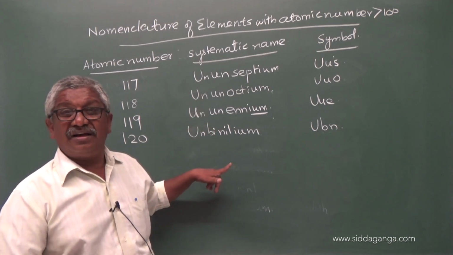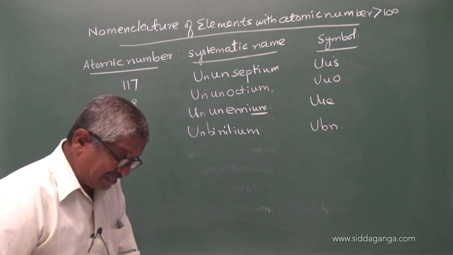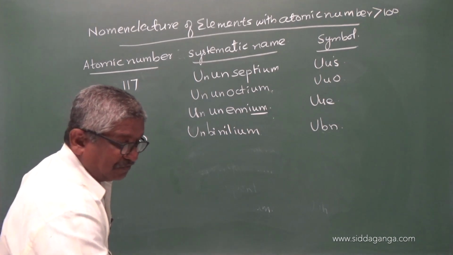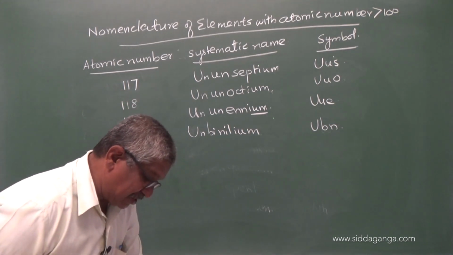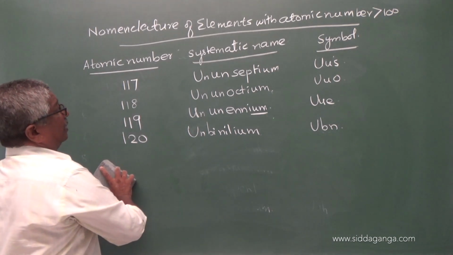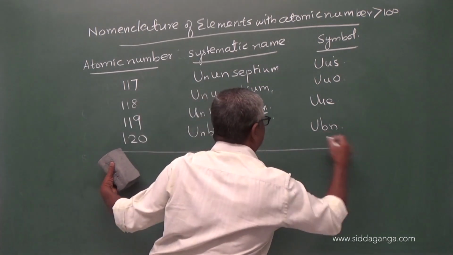Is it understood? Next, we will go for the IUPAC name and the IUPAC symbol for the elements 101 to 111. This you note it.